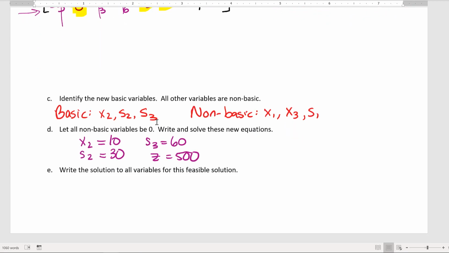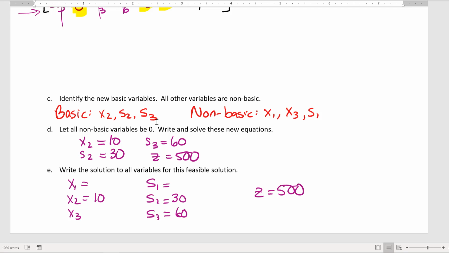So to write out that solution to all of the variables, I have x1, x2, and x3, s1, s2, and s3, and then z. Okay, so for my basic variables, I have x2 equals 10, s2 equals 30, s3 equals 60, and z equals 500.